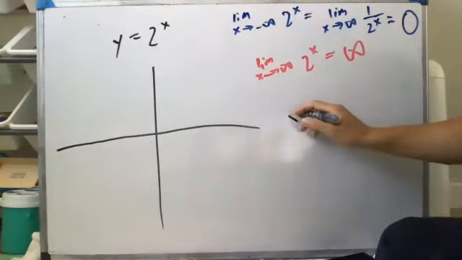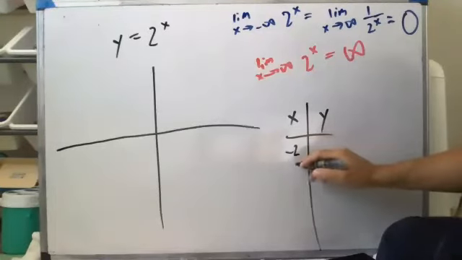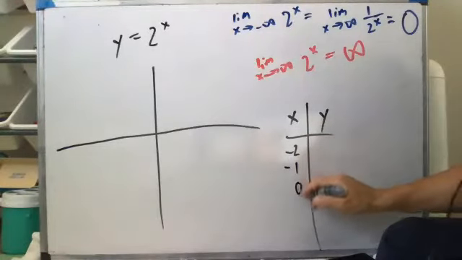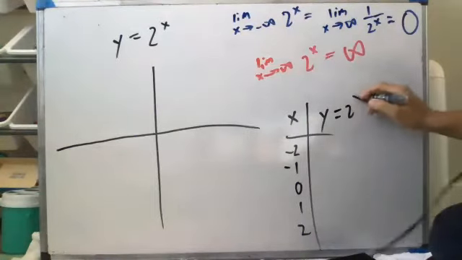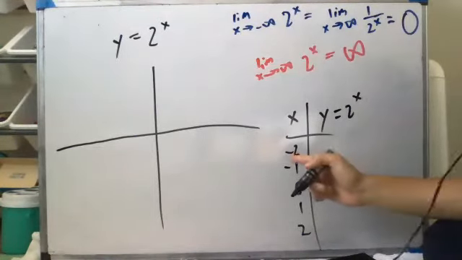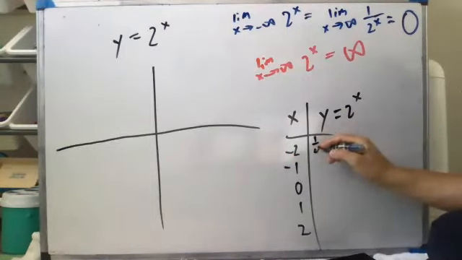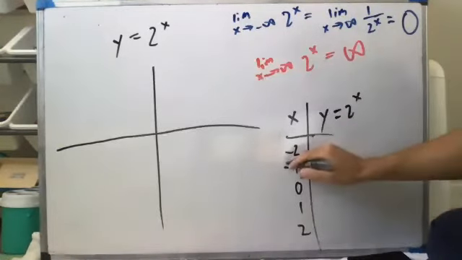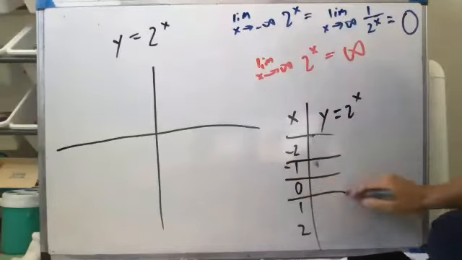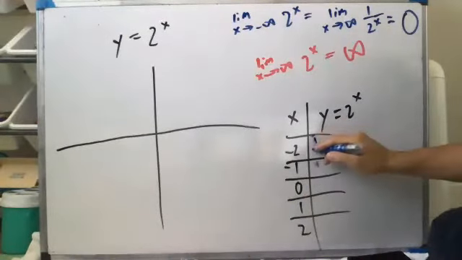Let's just plot a few numbers to get an idea. I'm just going to use 5 numbers: -2, -1, 0, 1, and 2. Remember, y is equal to 2 to the x. If I plug in -2, that's 1 over 2 squared, or 1/4.